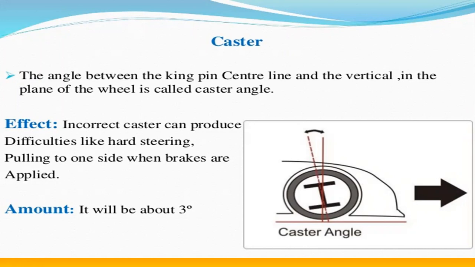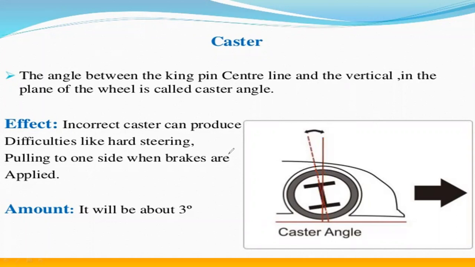Suppose this is the kingpin center line location, and this is the vertical. This angle in the plane of the wheel is called the caster angle.